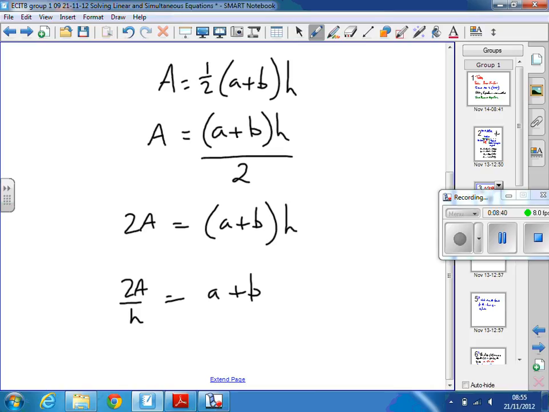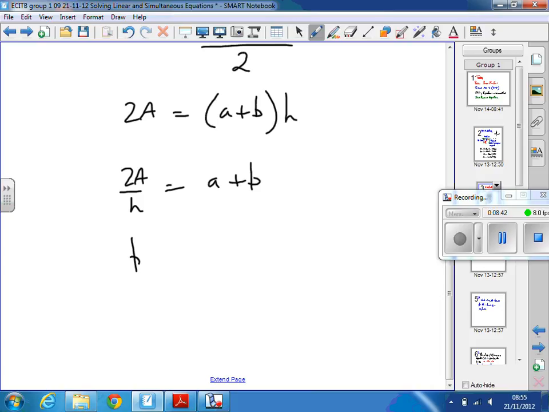Yeah, b equals 2A over h minus a. So writing b on the left hand side, because that's normal for formulae, b equals 2A over h minus a, and that's our formula now to find the missing side.